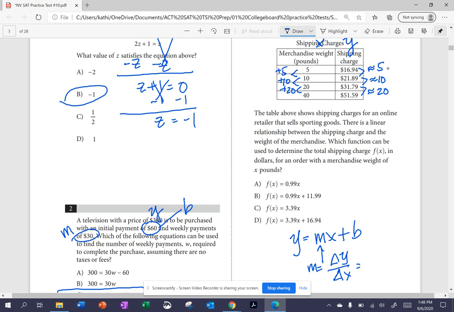The change in y is 5 divided by the change in x, which is 5, so I get 1. Just looking at the first piece, the slope is approximately 1, which I have in A and B, but not in C and D. So I can eliminate C and D right away. To find out what B is, I would need to go back and subtract 5. If I'm at 17 here, I know this would be 12. So here is my answer.